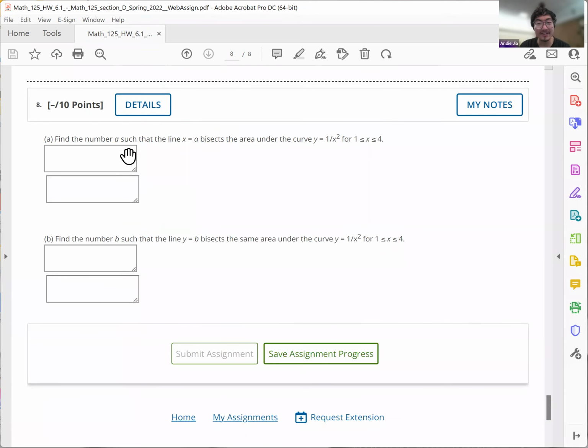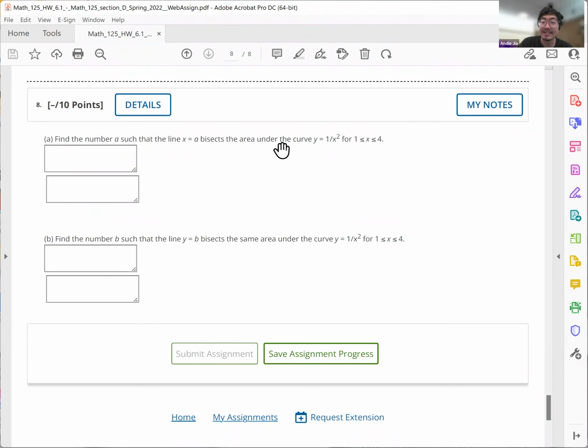I think number 8 is about bisecting. If you have a region with a line here, it means dividing the region equally. If here's the region, point A, it is bisected, so this part is equal to this part.